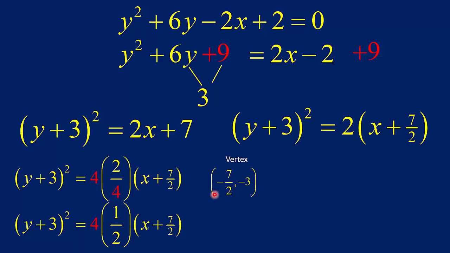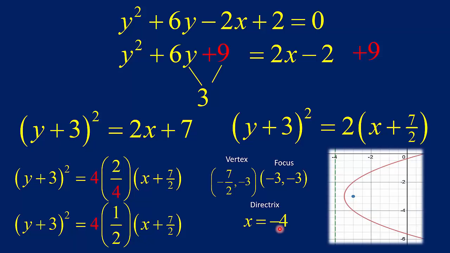So I'm going to add 1/2 to this -7/2, and I get -6/2, so -3, -3. As far as the directrix goes, I subtract 1/2 from -7/2, and I get -8/2, which is -4. So x equals -4. That is my directrix, and this is what the expression looks like.